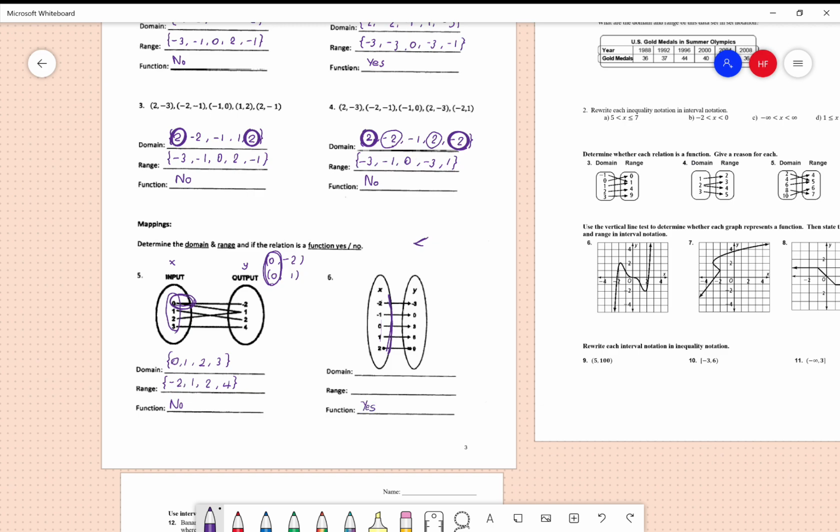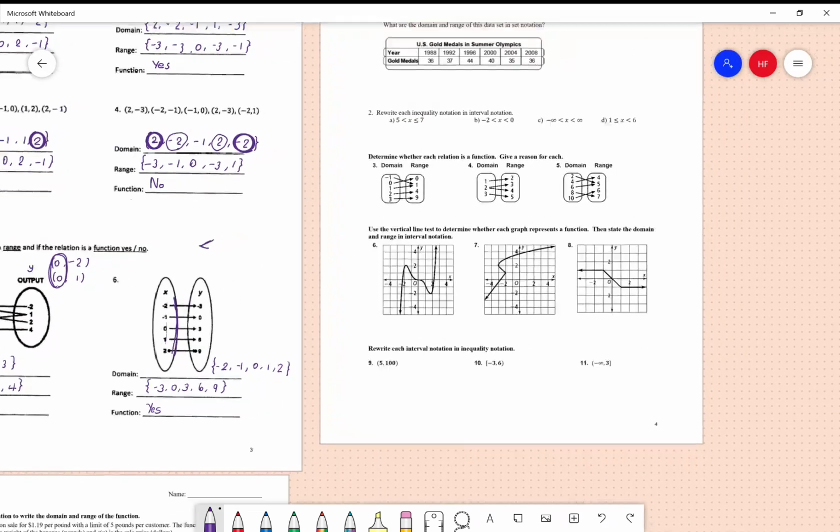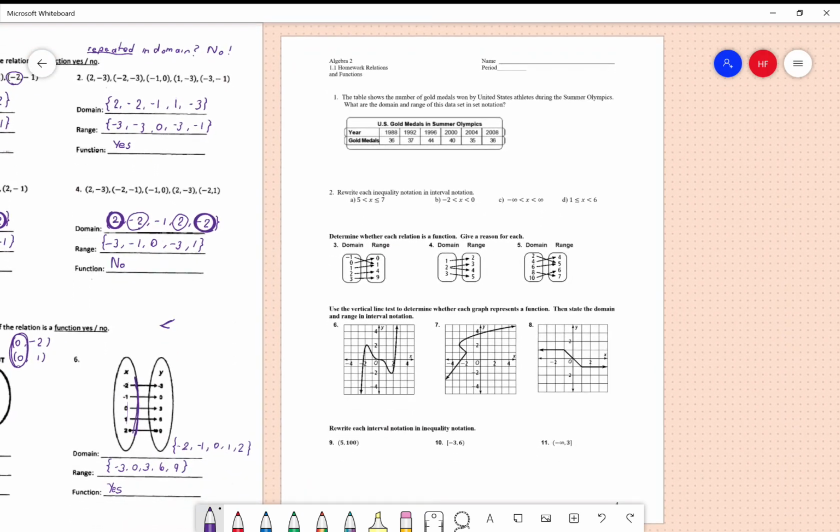And then I'm going to write out the domain and the range. I don't have a lot of space. So the domain, -2, -1, 0, 1, 2. And then the range, my y values, -3, 0, 3, 6, 9. So domain and range, domain is going to affect whether or not it is a function. The range will not. Range are my y values.